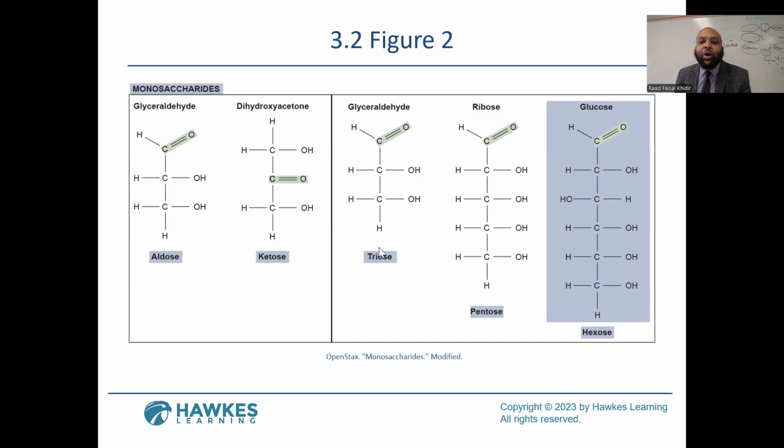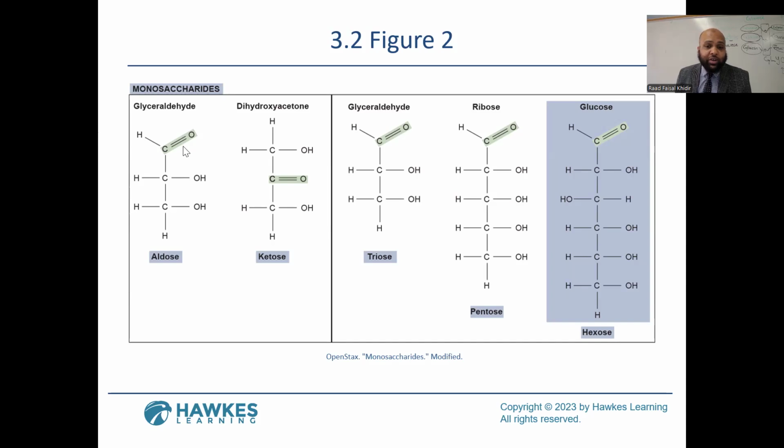Like this triose is an aldose because it has three carbons and the carbonyl has a hydrogen. Do you get it? So these are two separate classifications. One is based on the quantity, the number of carbon atoms, and the other one is based not on the quantity, but on the structural classification of the carbonyl. Is it aldose or is it ketose?